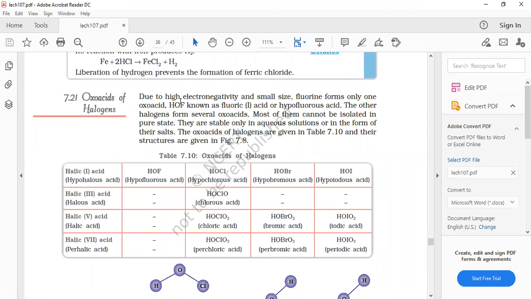Due to high electronegativity and small size, fluorine forms only one oxo acid, that is HOF, known as fluoric(I) acid or hypofluorous acid. The other halogens form many oxo acids. Most of them cannot be isolated in pure state. They are stable only in aqueous solution.